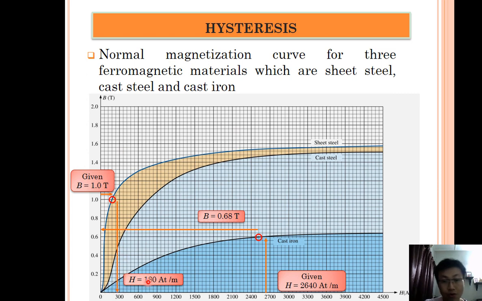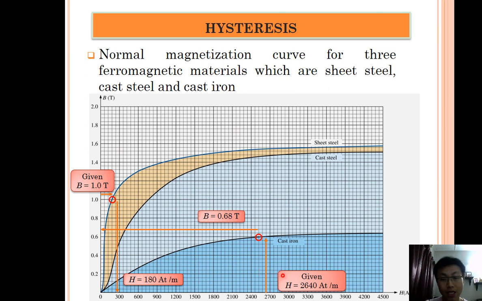So we can see how good the flux can flow through this material if I only apply the same current or same magnetic field. Okay, so how to read this chart? For example, if I want to read steel sheet, given that B is 1 Tesla, how much magnetic field do I need to apply to get 1 Tesla? I need to check here. To get 1 Tesla, I need to apply about 180 ampere turns per meter. Same for cast iron.